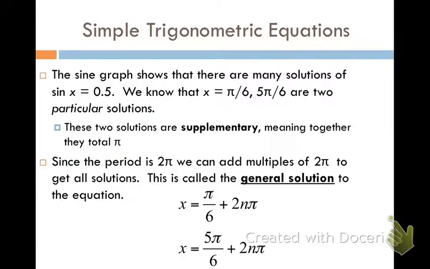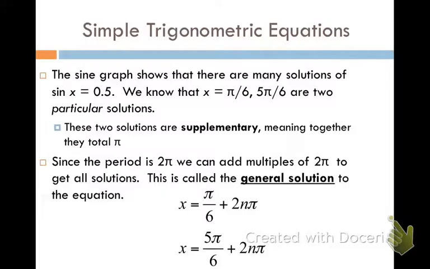The sine graph shows that there are many solutions because we know that the sine graph is going to continue. We have pi over 6 and 5 pi over 6 as two particular solutions, and something you should notice is that those two answers are supplementary, meaning they add up to pi. But the sine graph repeats itself after 2 pi.